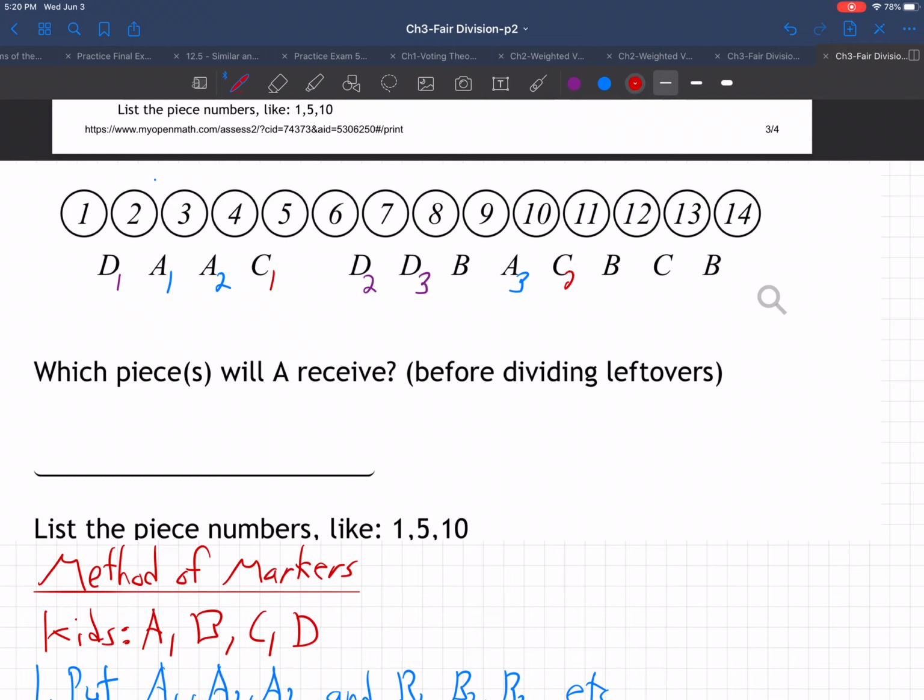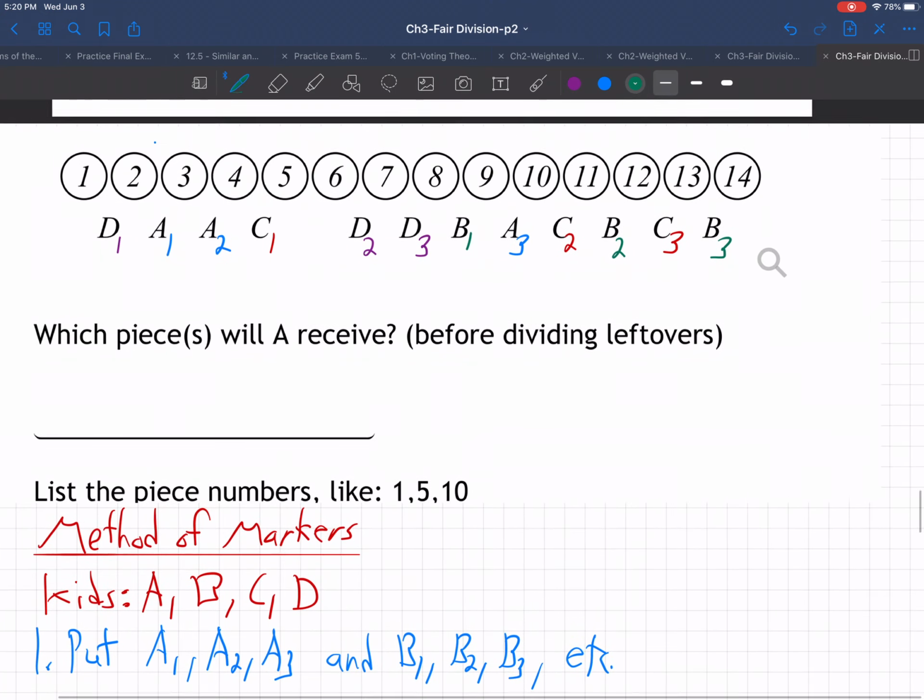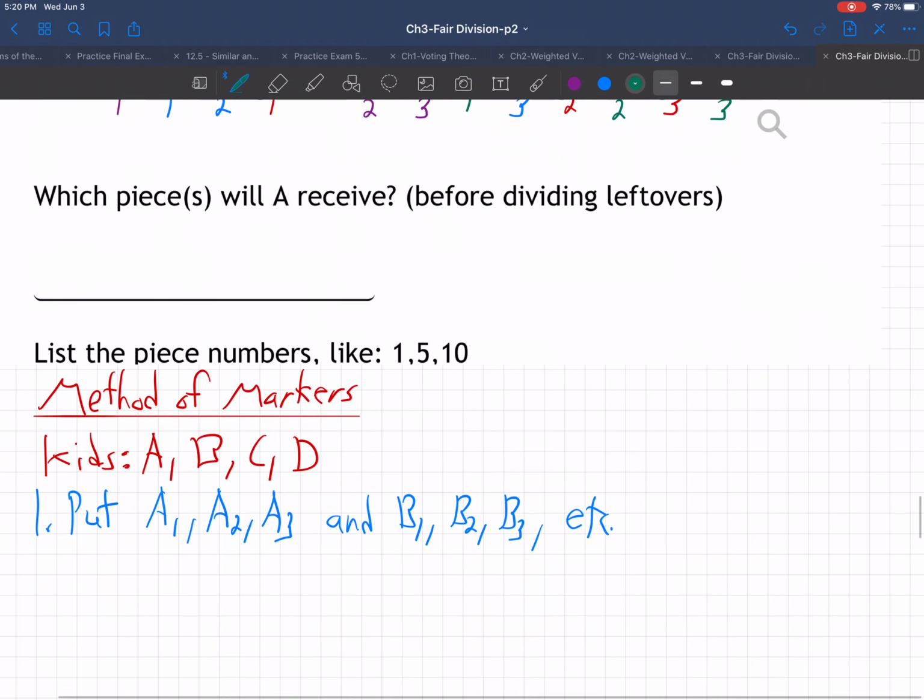C1, 2, 3. It doesn't matter what order you do these in. Just every letter has to have a 1, 2, and 3. So B1, B2, B3. That way we know their first marker, their second marker, and their third marker. So all I'm doing there is the first marker is the first one on the left, the second one's the next one, the third one's the one on the right. So I just went 1, 2, 3 from left to right for each of the letters. That's the first step.